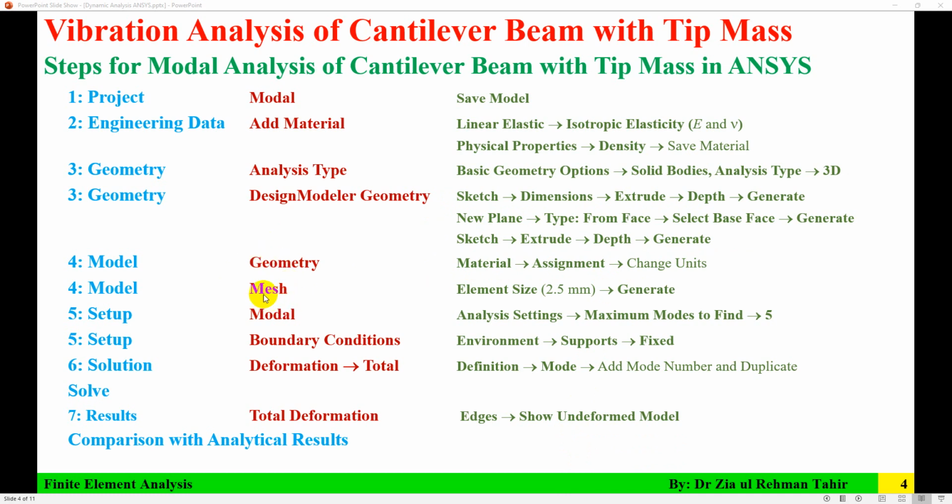Then mesh the model, element size I kept at 2.5, and otherwise using the default values. Then in the modal analysis settings, we need to set the maximum modes required to 5, so they will just give the natural frequency, and then apply the boundary condition, which is fixed, and then to get the mode shape, deformation total, and for each mode total deformation is required.